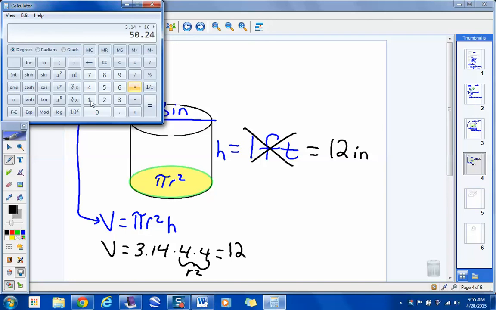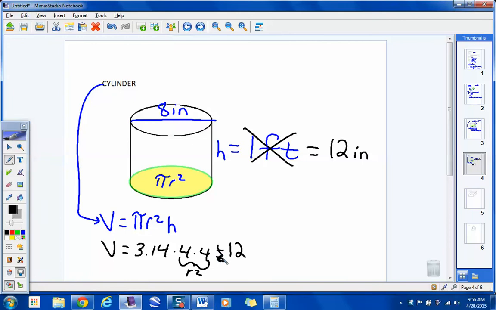And a value I get, what are you guys getting when you punch that in? 602.88. How should I choose to label this? Okay, what is the unit for the dimensions first of all? So cubic inches, right? Okay, let me fix something here real quickly. So right here, this should be times 12. What did we get for a value? 602 point. And then cubic inches. Okay, very good.